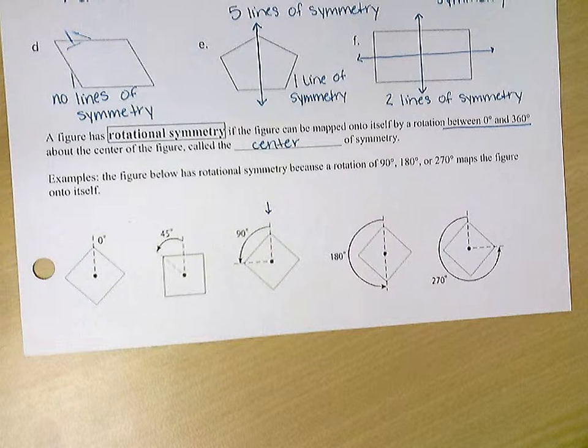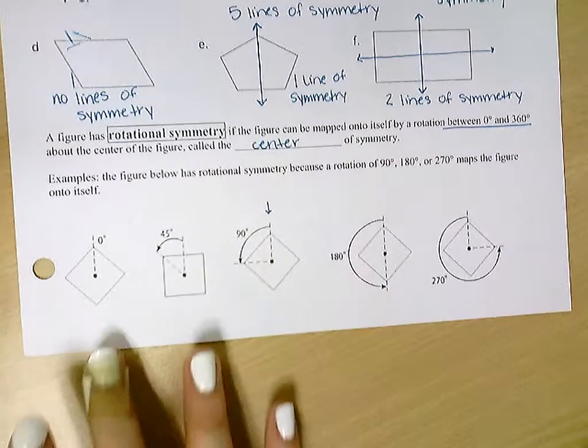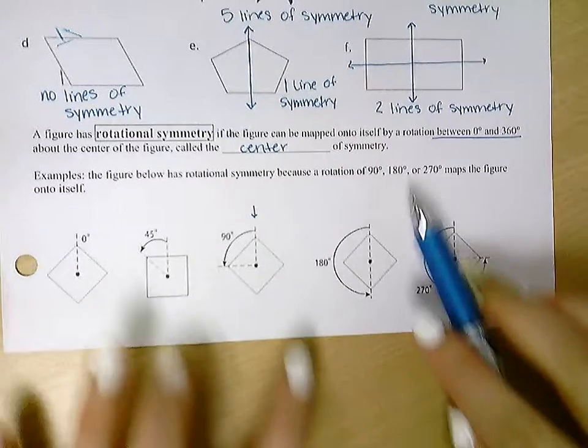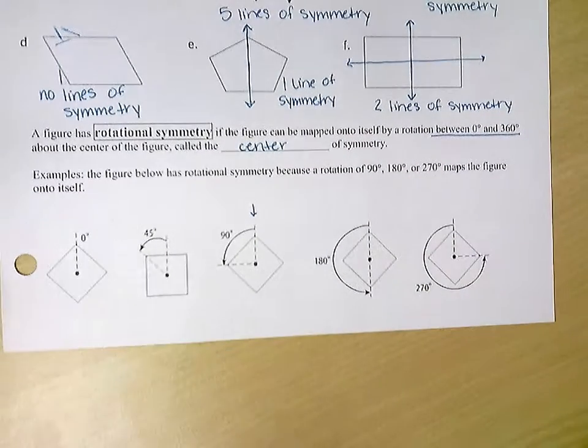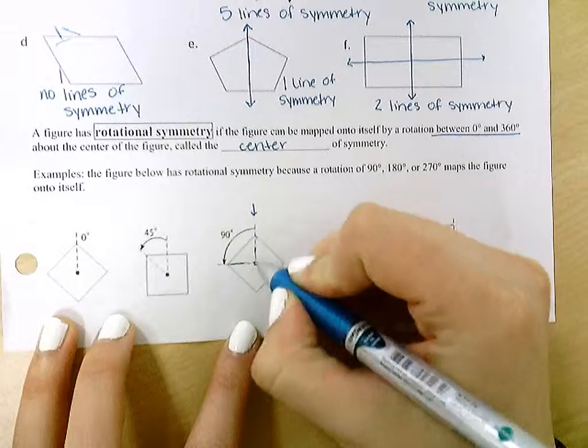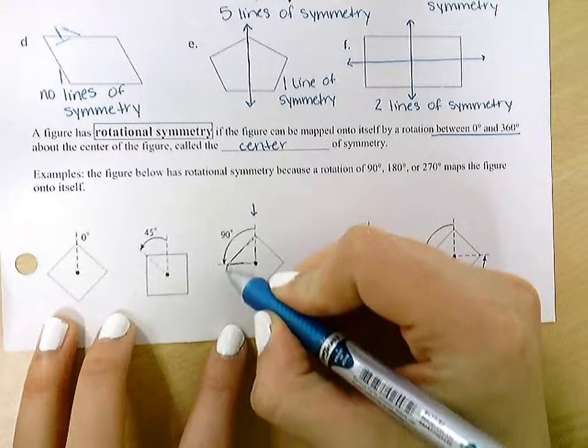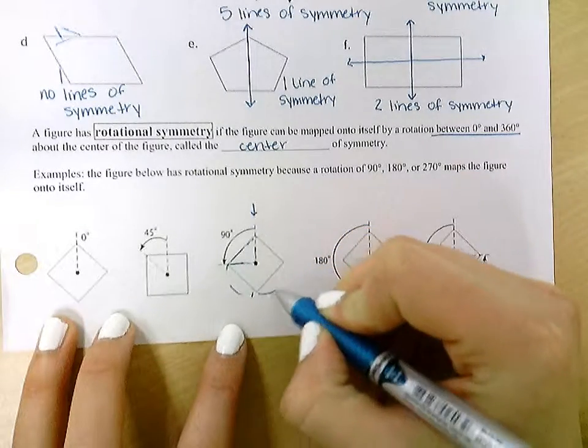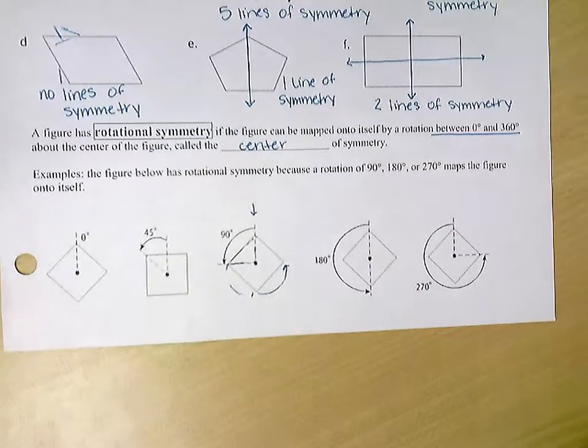So this figure, a square, has rotational symmetry of 90 degrees, 180 degrees, and 270 degrees. If I take each of those and rotate it around that many degrees, it will map onto itself. So here, 90 degrees, I would take this section and keep rotating it 90 degrees all the way around and it would rotate onto itself.